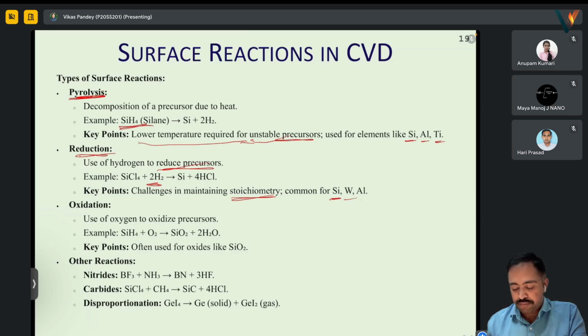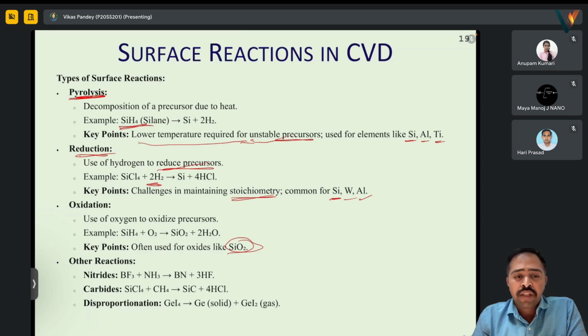Commonly used for silicon, tungsten, and aluminum. Then in some cases, oxidation, where we are giving oxygen along with the gas flow, like silicon hydride with oxygen that will give SiO2. This is often used for silicon oxide formation.